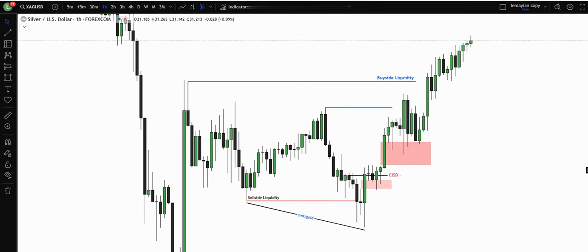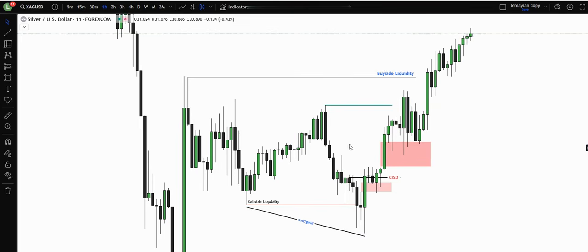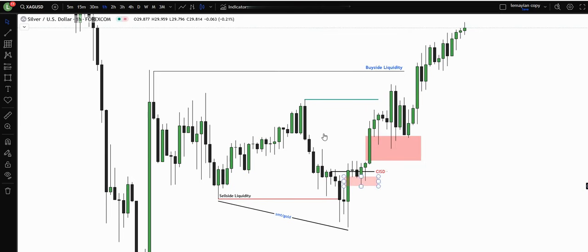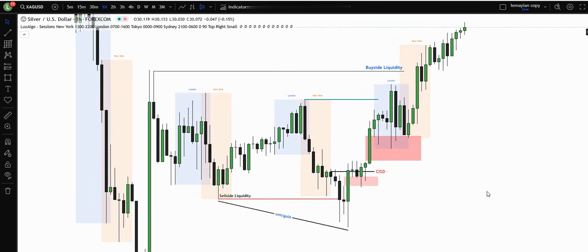So when price is like this now, I could not have taken an entry down here because this is outside my kill zone. Let's pull this up. See that? So I was waiting, but remember this one is below the 4-hour IFG that we just modified to this one.